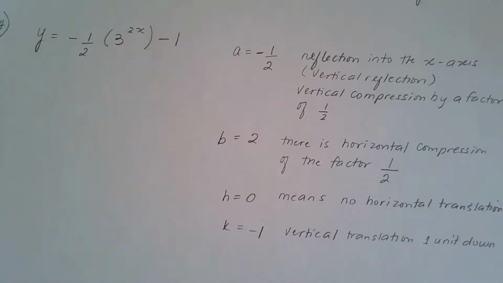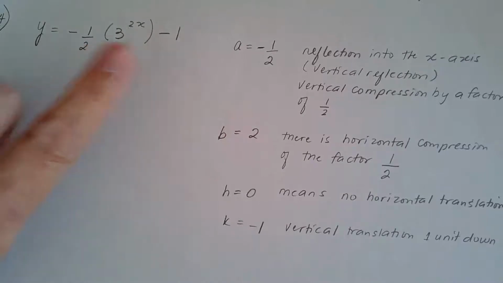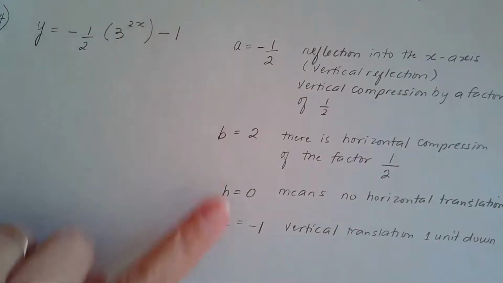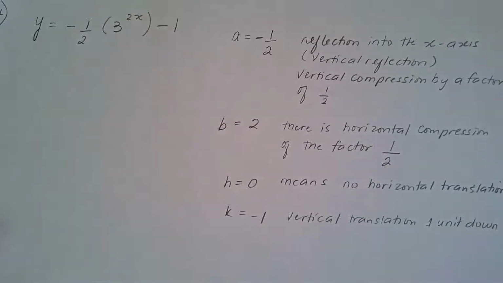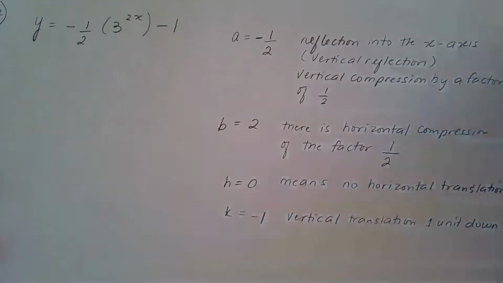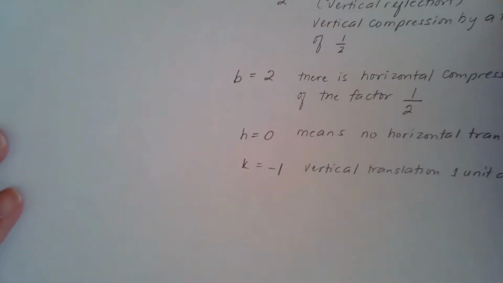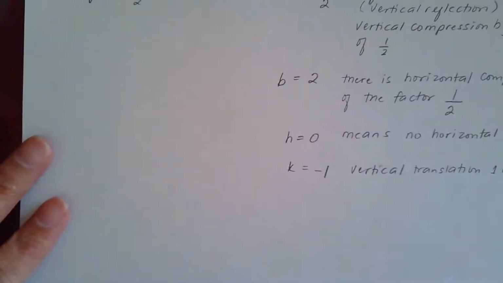Okay, so we already figured out the parameters a, b, h, and k. Now what we can do is use the mapping to figure this out, and then we'll do the graph.